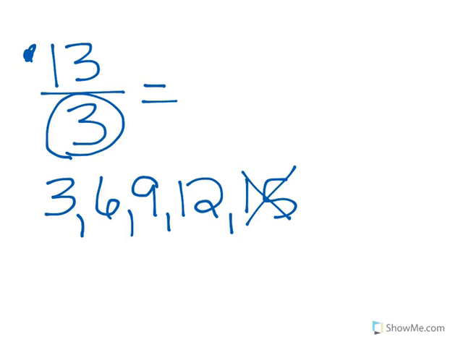So I'm going to get rid of 15. So now, let's count it. So this is 1, 2, 3, 4. So it takes 4 whole 3s to get as close to 13 as possible. But we still need to find out what number goes here.